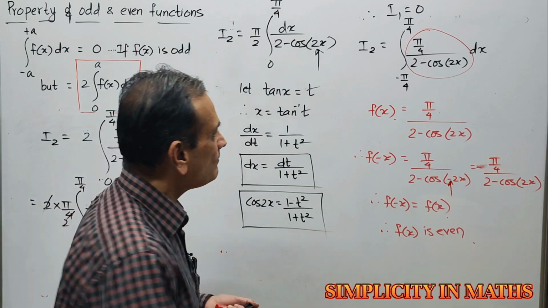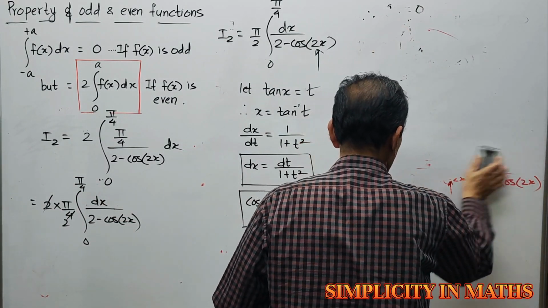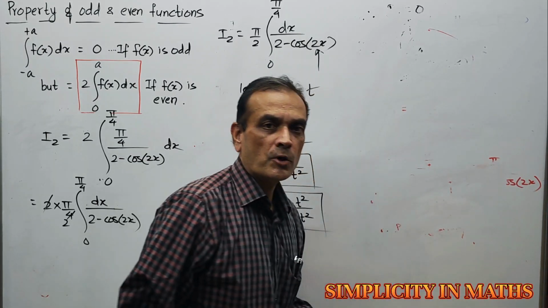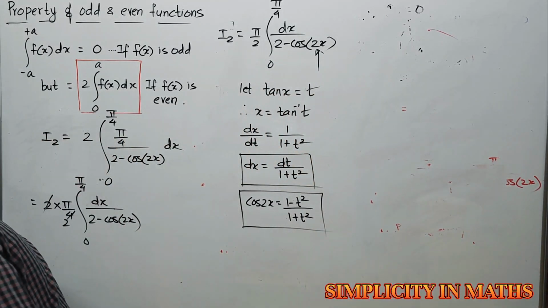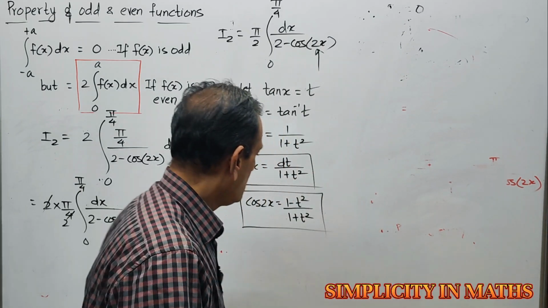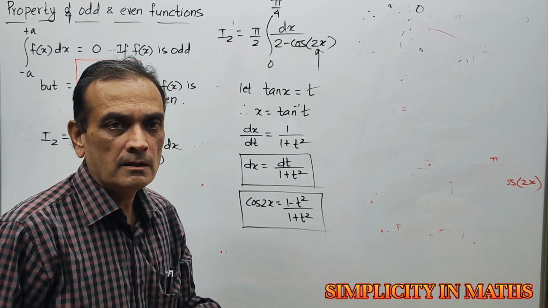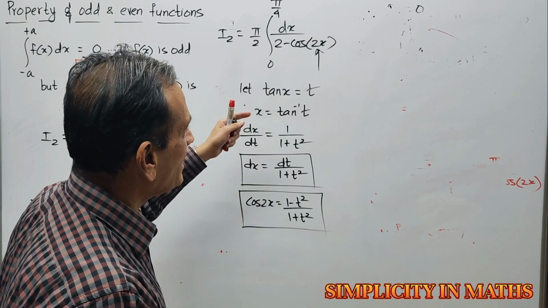Now one important thing. बोलो क्या इंपॉर्टेंट थिंग है? डेफिनेट इंटीग्रल में क्या करते हैं सब्स्टिट्यूशन करने के बाद? You have to change the upper and lower limits. अपर एंड लोअर लिमिट चेंज करना है. तो कैसे चेंज करेंगे? पहले न्यू अपर लिमिट फाइंड आउट करिए.